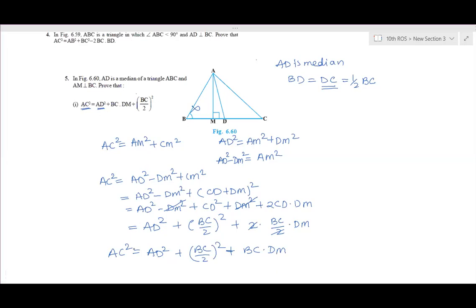There are two more parts. Now the remaining two parts of this question, the fifth, you have to complete at home.